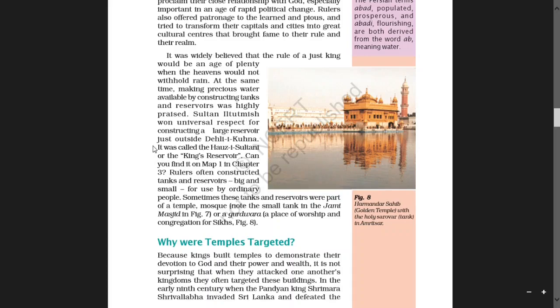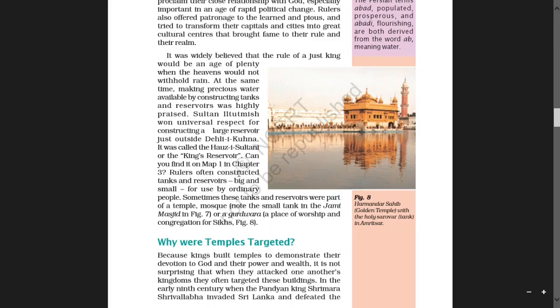It was called Hauz-i-Sultani or the King's Reservoir. Can you find it on Map 1 in Chapter 3?